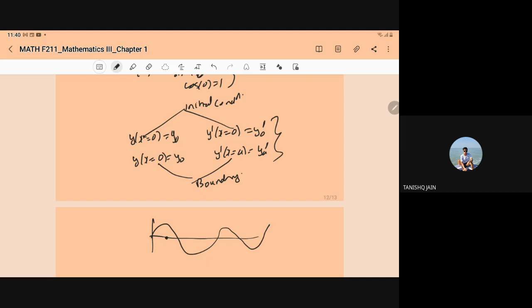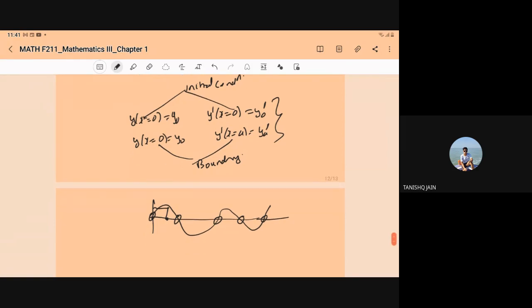If you include the n pi, then we have to give the condition for many points. But we are saying that we have the condition on the particular point. Clear? Yes, sir.